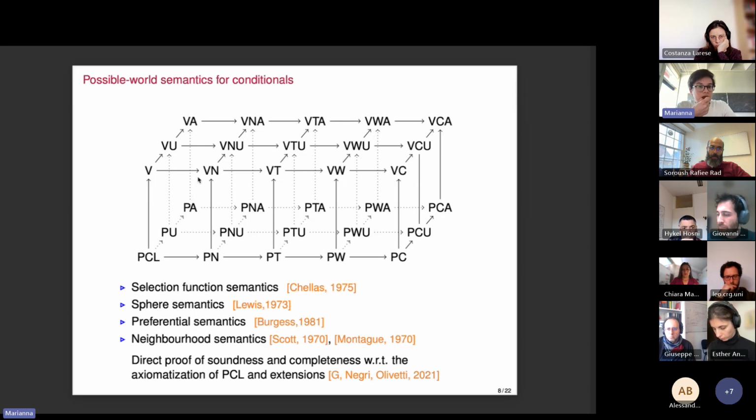We're going to use this because, one, you can modularly capture all of the logics in this lattice. And two, with respect to the preferential semantics, it is easier to discuss, or at least there are a bit fewer symbols in the definition of the truth condition for the conditional. So in this sense, it's quite nice to use if you want to define proof systems and specifically labeled calculi.